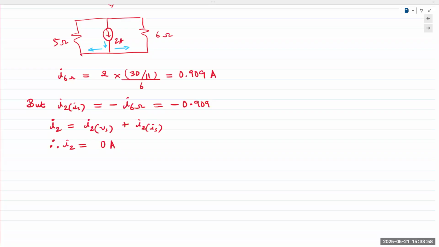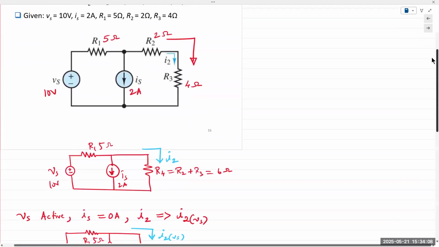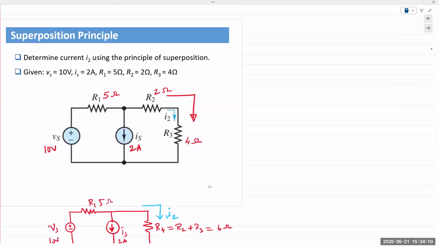And that is a very short example on superposition. The upside of superposition is that it makes larger circuits easier to analyze. The downside, of course, is that the more sources you have in a circuit, the lengthier your analysis gets.